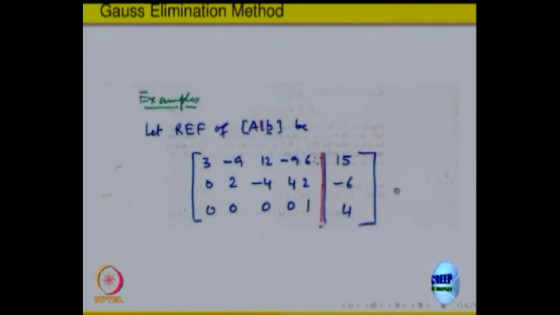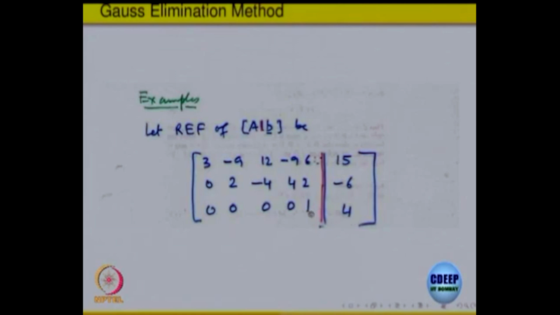So how do you read the system now? This has come from a system of linear equations. So what is the new system now? This was variable x1, this was x2, this is x3, x4 and x5. When I multiply this with this, what do I get? Ax = b.